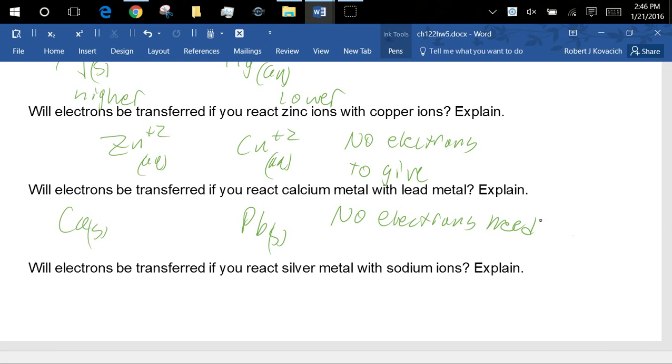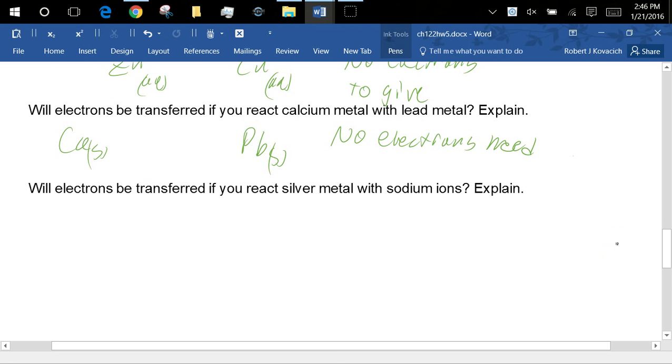The lead's lower and the calcium's higher, but calcium can't give the lead electrons if it already has all the electrons it can hold. And we've got silver metal, and we've got sodium ions. Anything going to happen here? No. This is lower, so it won't transfer electrons to something that's higher.